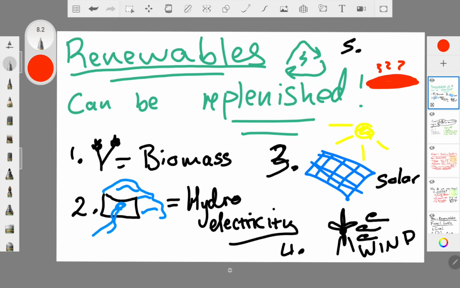We would call this geothermal. Okay? So, with renewables, as you can see, there are lots of options, whether it's biomass, hydroelectricity, solar, wind, geothermal. There's even more than that. We can have wave energy. We can have hydrogen fuel cells. Okay? There are multiple types of renewable energy suitable for different needs.